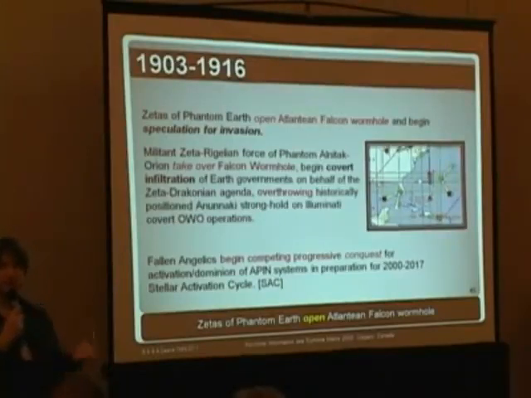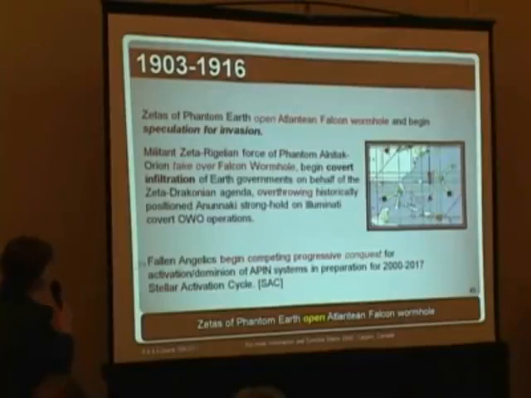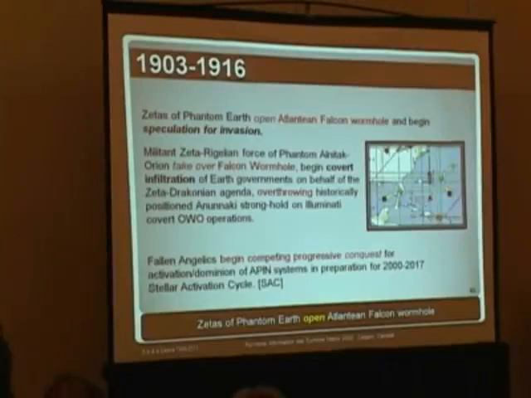So the Anunnaki Illuminati are starting to lose control that they had in the governments on Earth. The fallen angelics begin competing progressive conquest for activation and dominion of the Apin Systems in preparation for the 2000-2017 stellar activation cycle, which, as I mentioned before, we're well into.